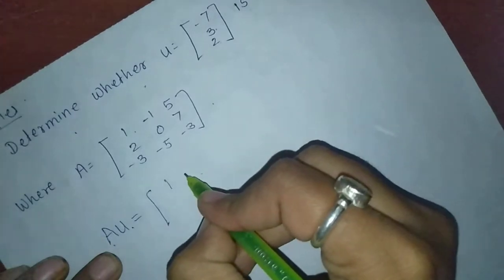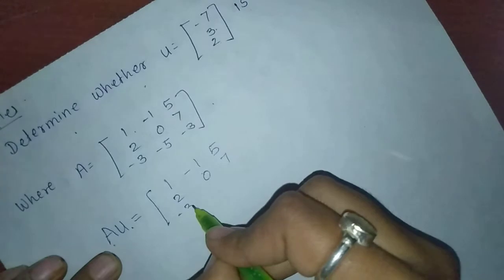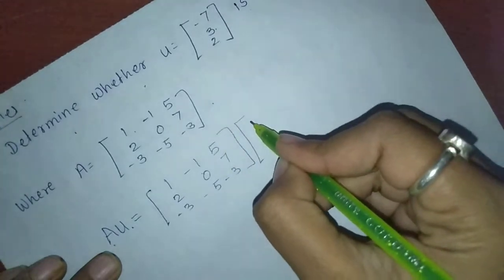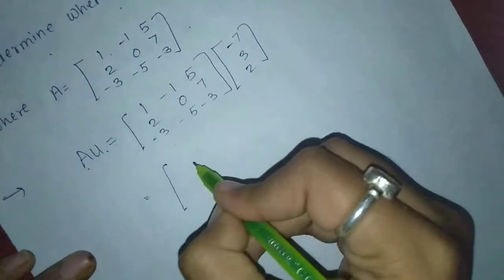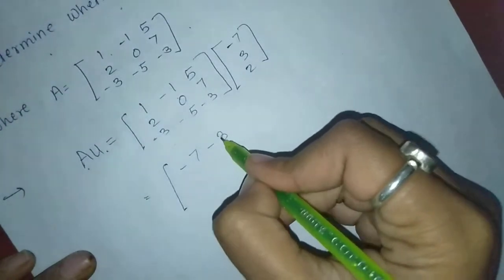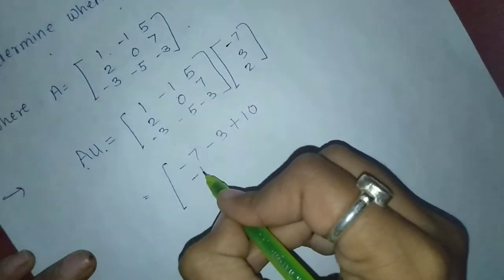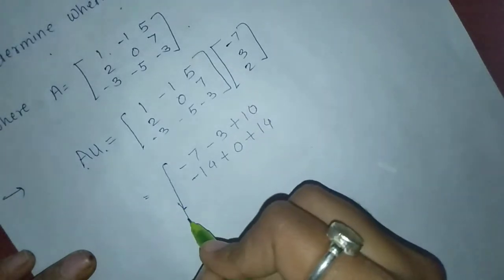A is 1, -1, 5, 2, 0, 7, -3, -5, -3 into u (-7, 3, 2), which is equal to -7 - 3 + 10. Second, -14 + 0 + 14.